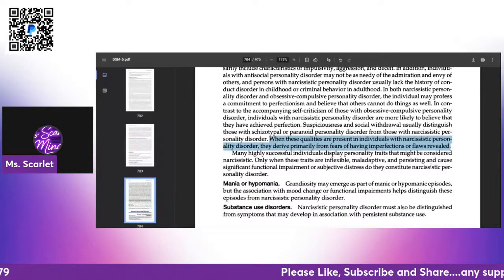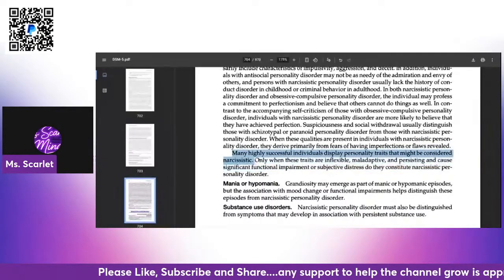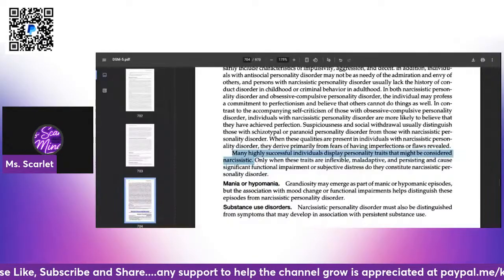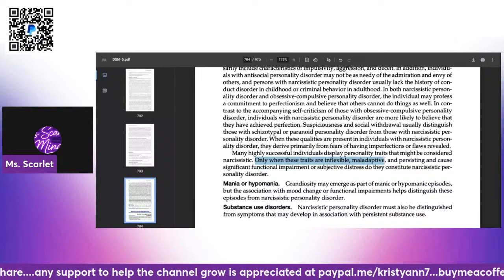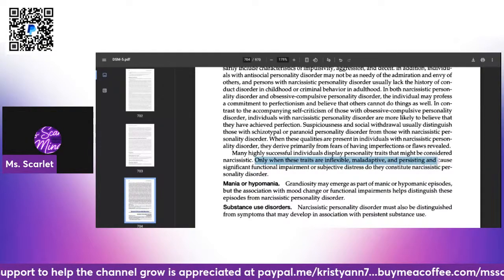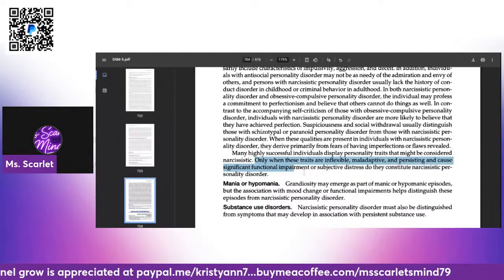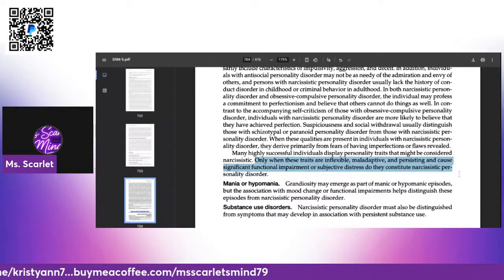Many highly successful individuals display personality traits that might be considered narcissistic. This is important. Only when these traits are inflexible, maladaptive, and persisting, and cause significant functional impairment or subjective distress, do they constitute narcissistic personality disorder.